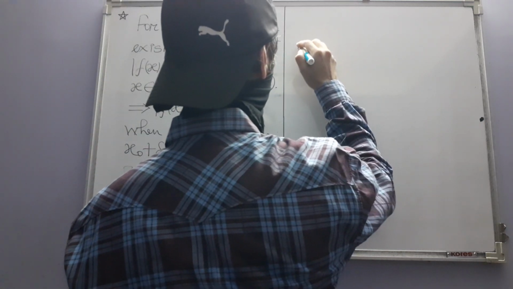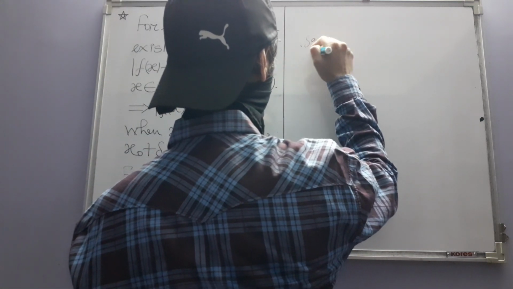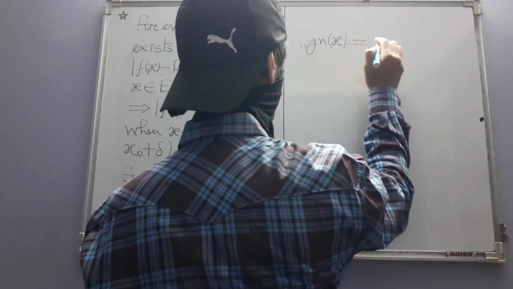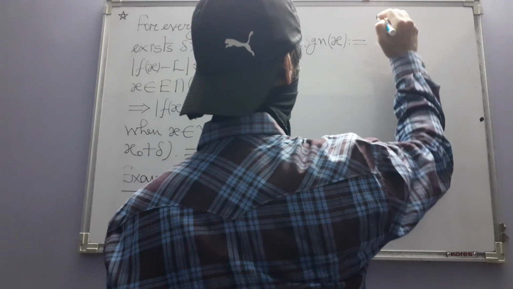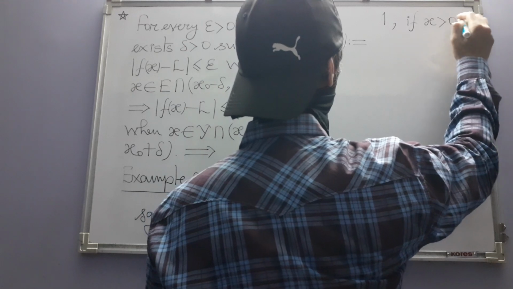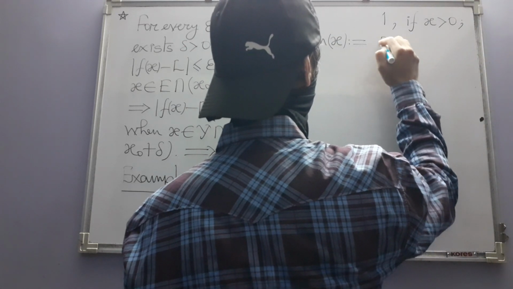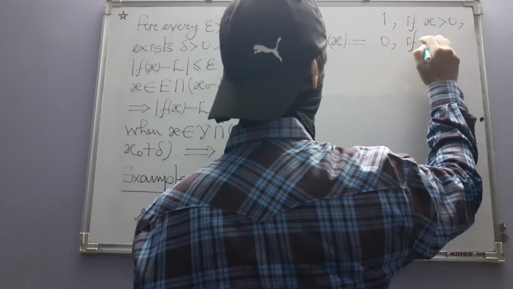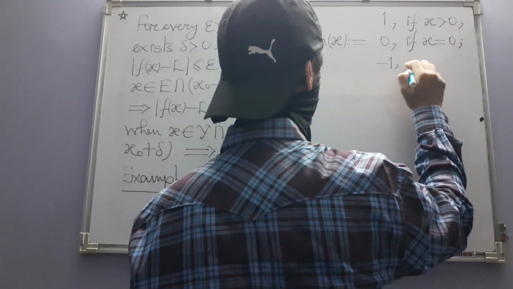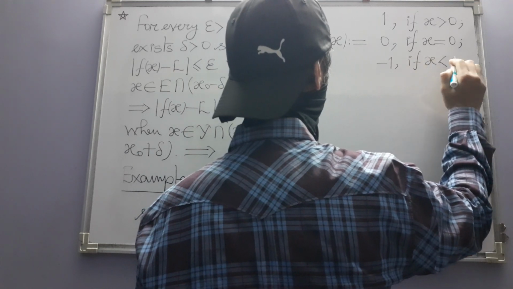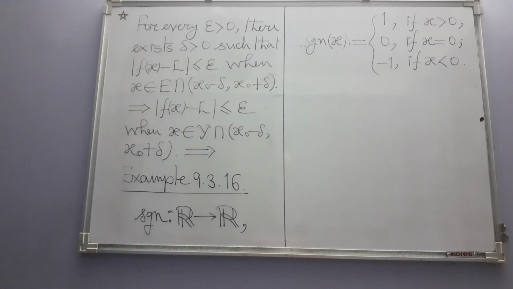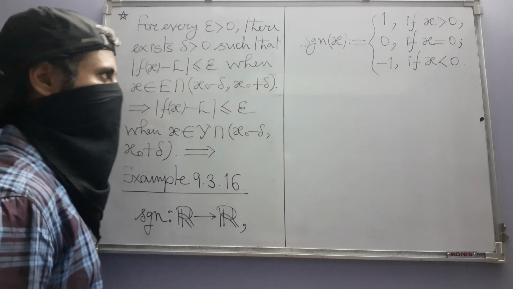That is the rule for the function, which is this. It is defined to be equal to 1 if your input is positive. It's defined to be equal to 0 if your input is 0, and it's defined to be -1 if the input is negative. Obviously this is a well-defined function.